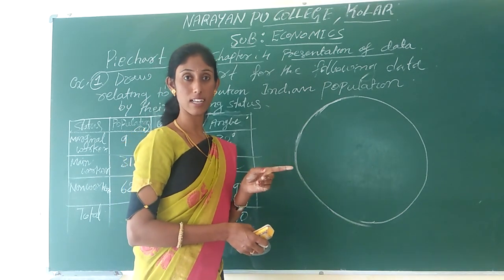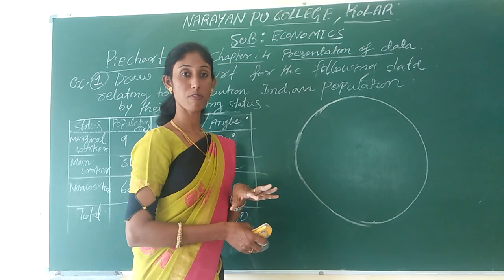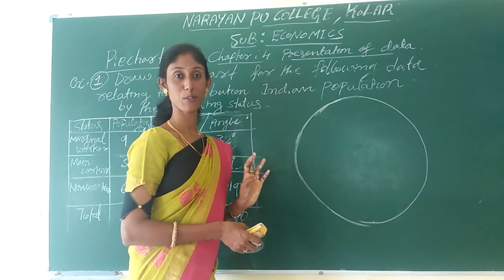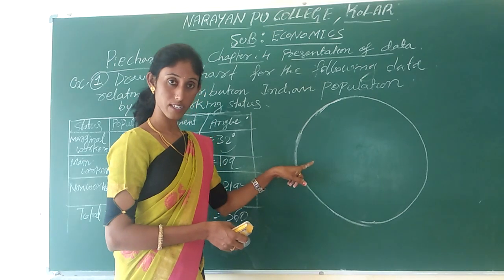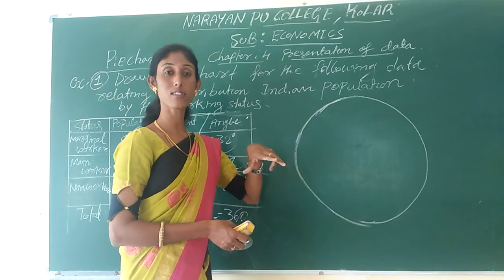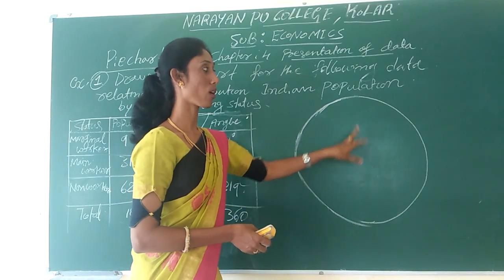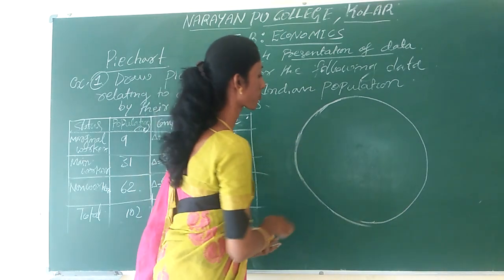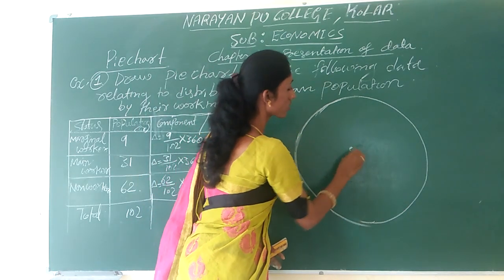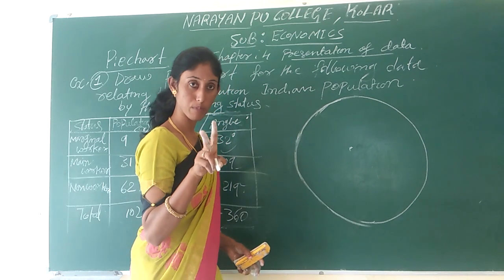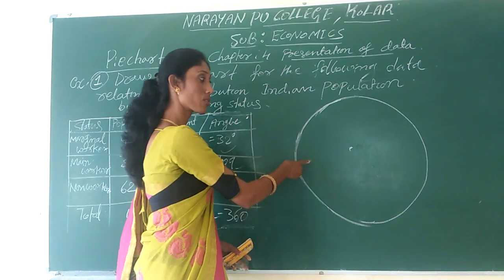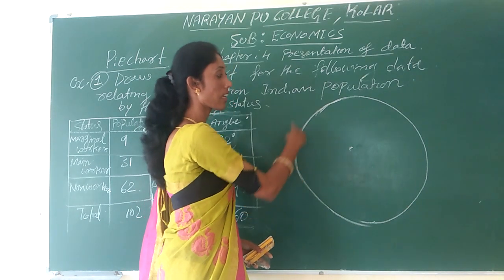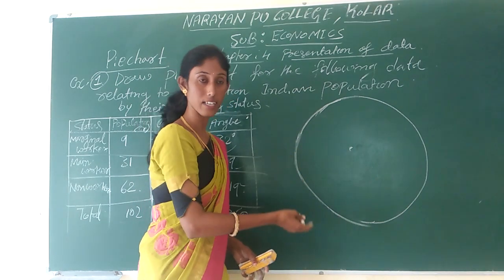I said in the previous classes only. With the help of geometry material only, we can continue this chapter. Then use the compass, and with that draw one circle. This is the second step. Got it? The second step is drawing a circle in an appropriate size.